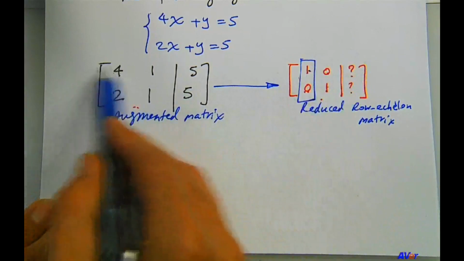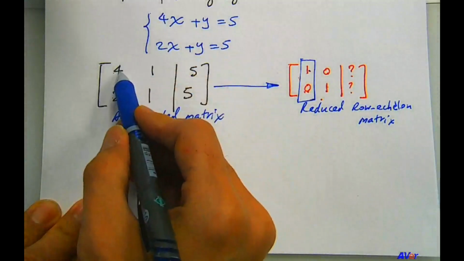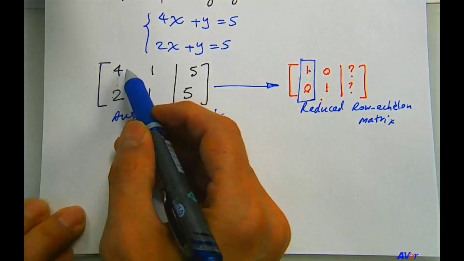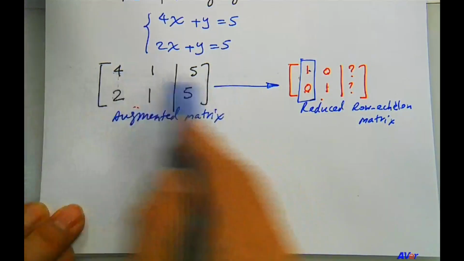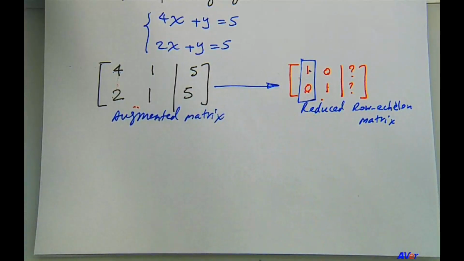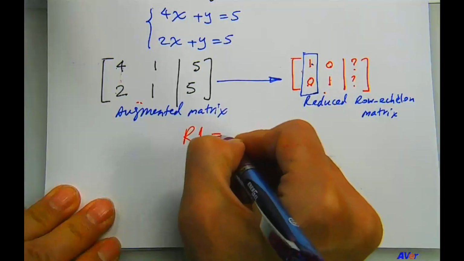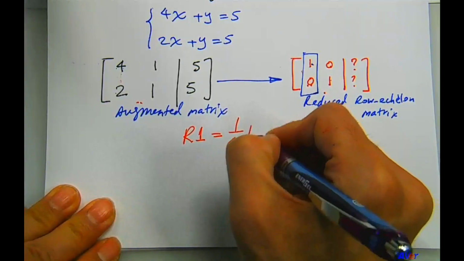Well, this is the first row. This first number, this 4, is in the first column. We can multiply this whole row by 1 over 4. So let's do that. So this is the row operation. Row 1 is equal to 1 over 4 times row 1.